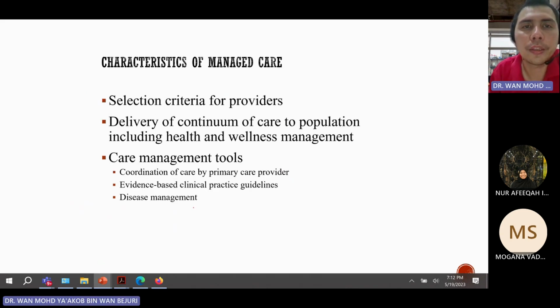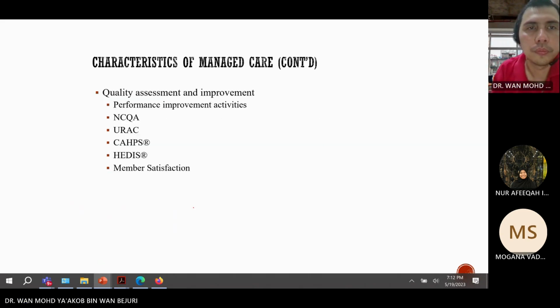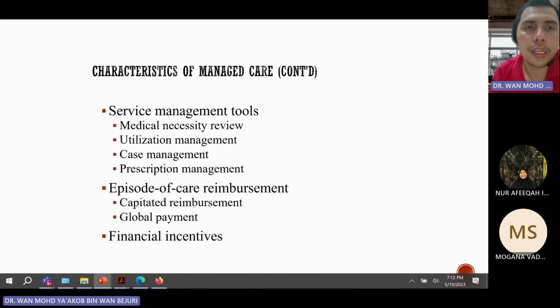There are characteristics of managed care. The selection criteria for providers. Delivery of a continuum of care to the population, including health and wellness management. The quality assessment and improvement, which includes performance improvement activity, NCQA, URAC, CHIPS, HEDIS, and member satisfaction.